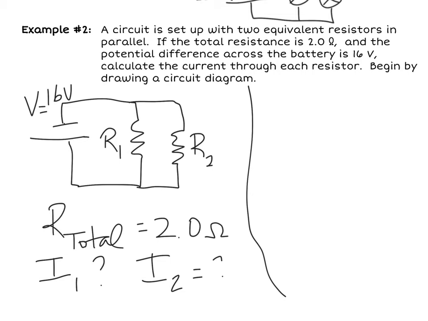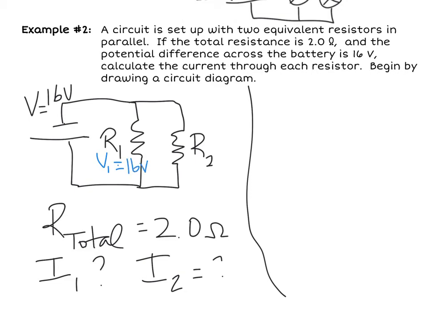So first of all, I know that as an electron is traveling across this resistor right here, it's going to be losing all of its voltage to that resistor before needing to get regenerated. So I know that my voltage right here, I'm going to do that in a different color so it stands out, is going to have to be 16 volts.